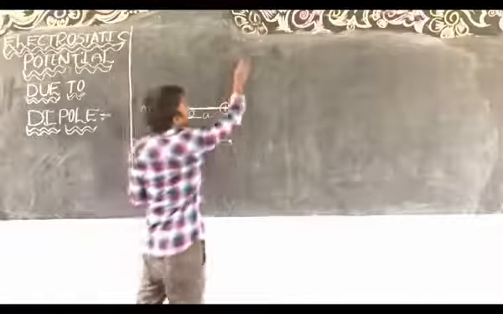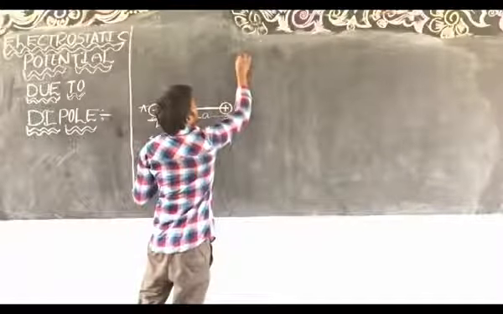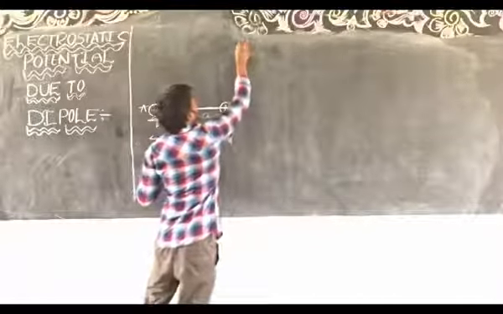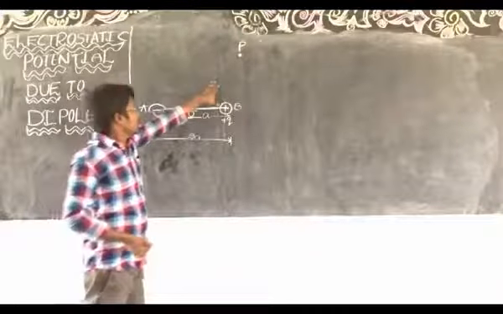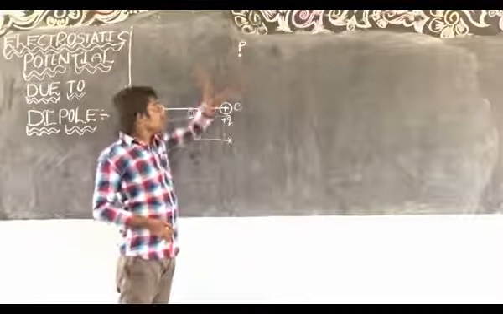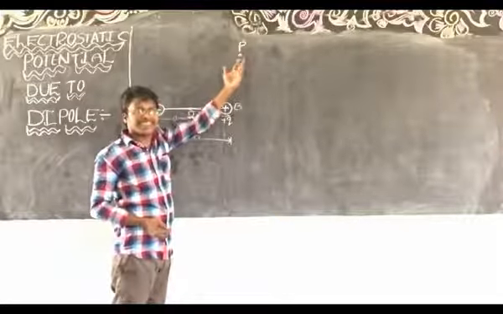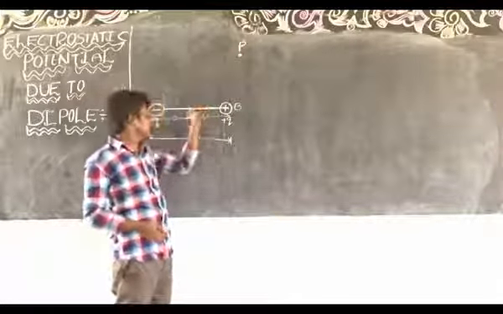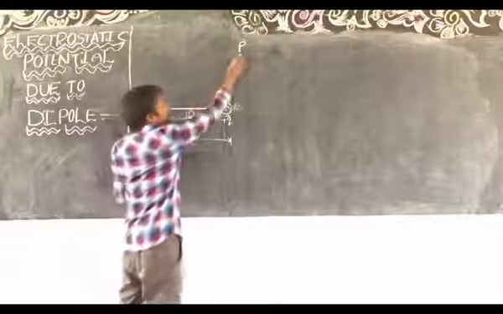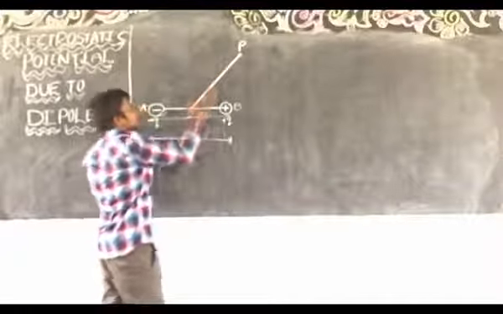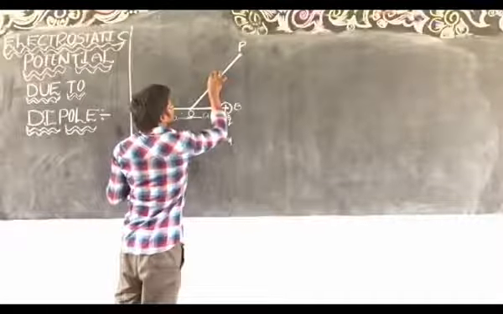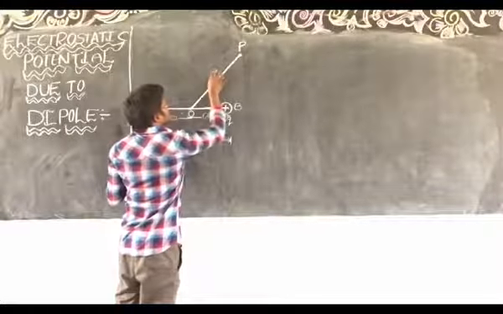I am indicating a point P here. So from here to there, how much is the distance? This is small r.